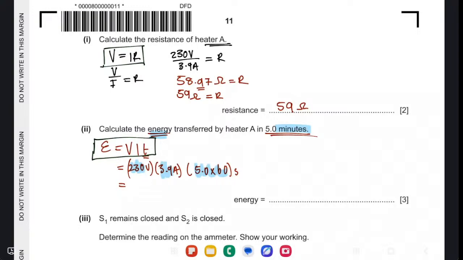Someone help. Kelly, what is the answer here? What is it?